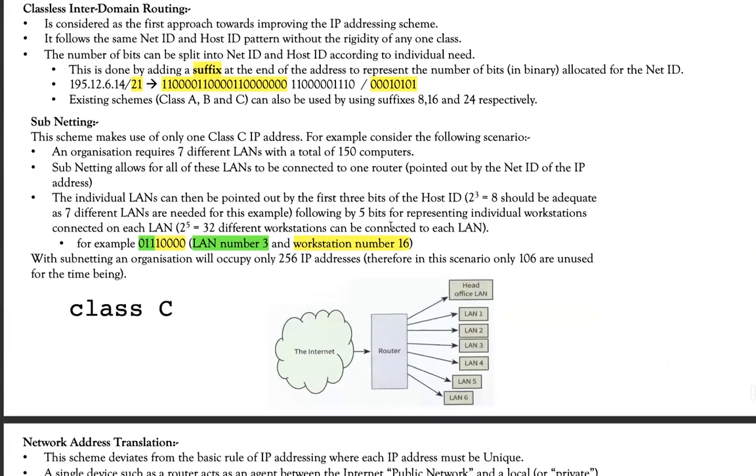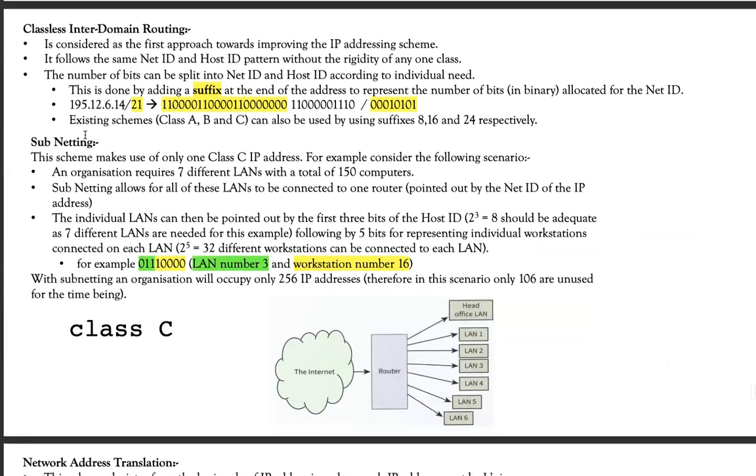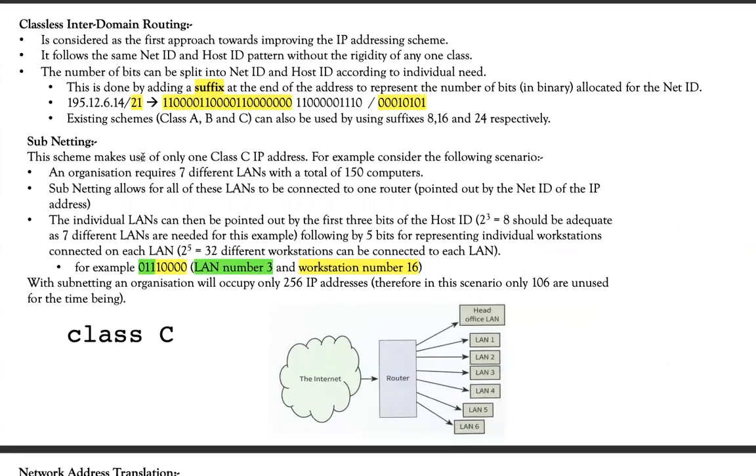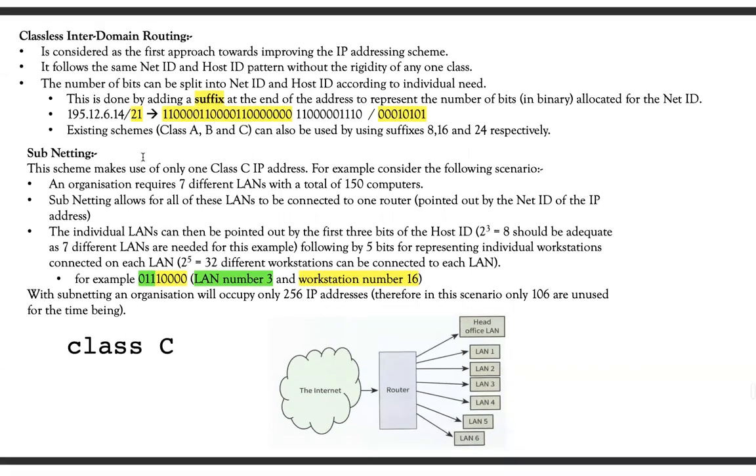by using classless interdomain routing. Now, there is another solution, which is known as subnetting. Subnetting basically means that if you want to allow for different networks to connect to the internet, you can do that. Okay, just a quick recap. The net ID of your IP address is used for identifying the network.